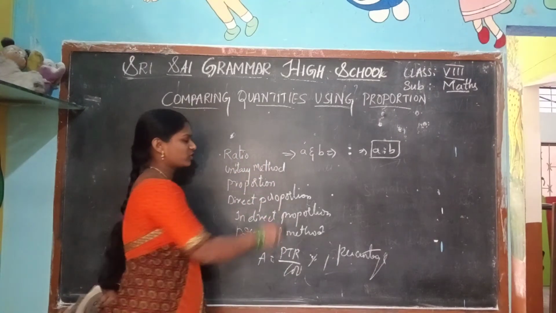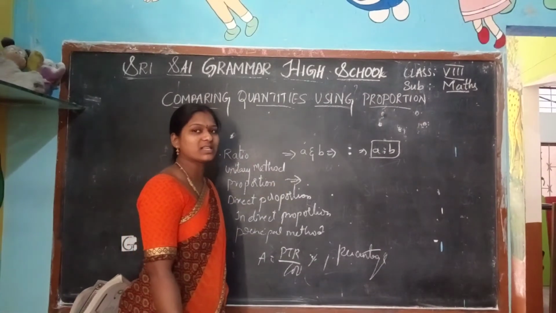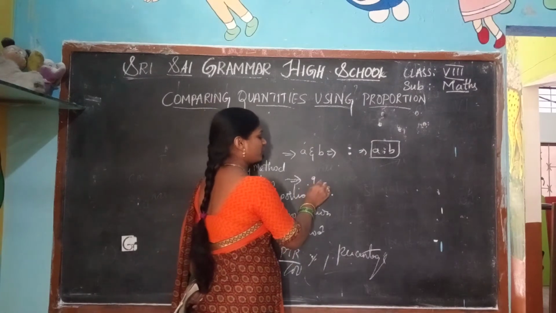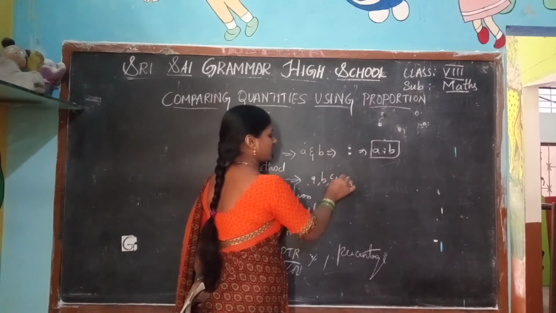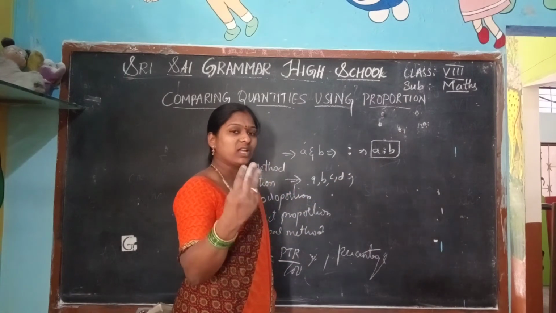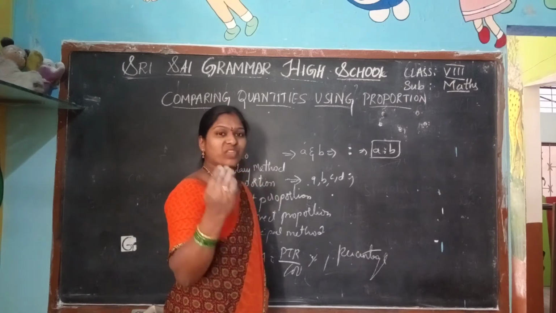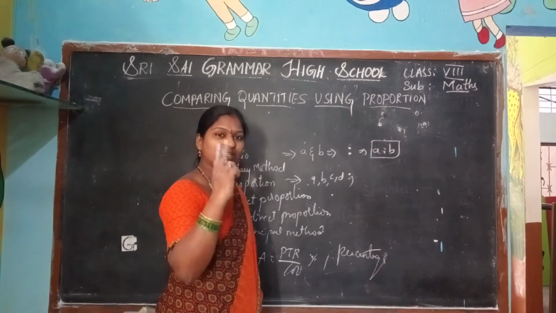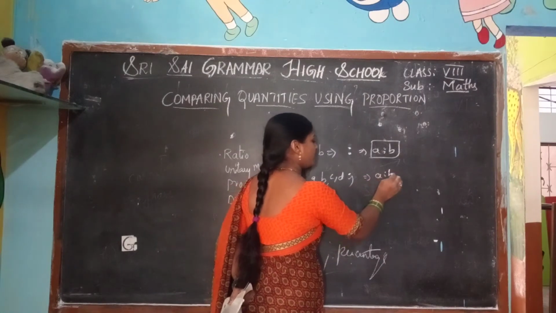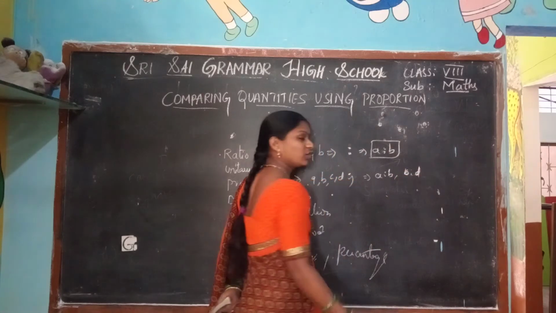And also proportion. What is proportion? In proportion, how many quantities are required? Four: A, B, C, D. But how many ratios are required in proportion? Two ratios. A is to B and C is to D are the two ratios.